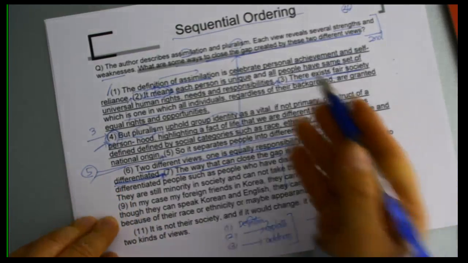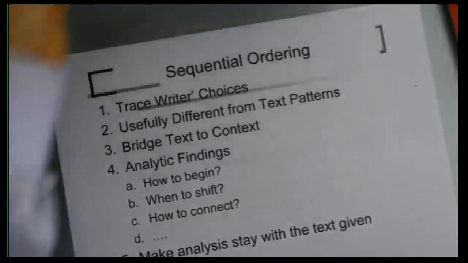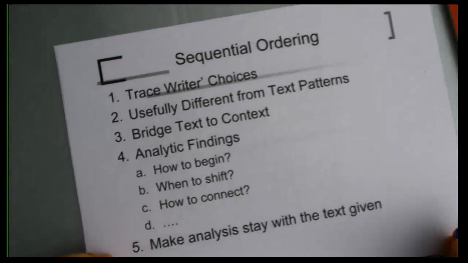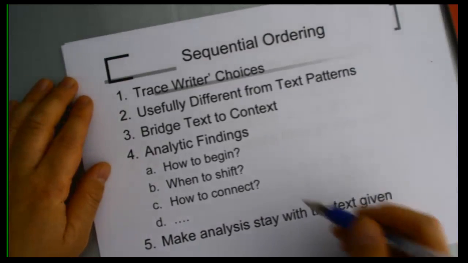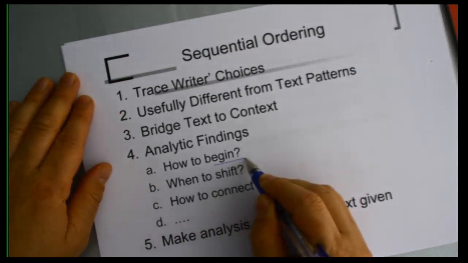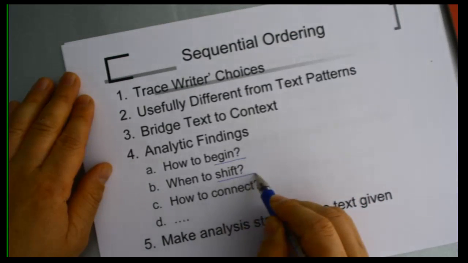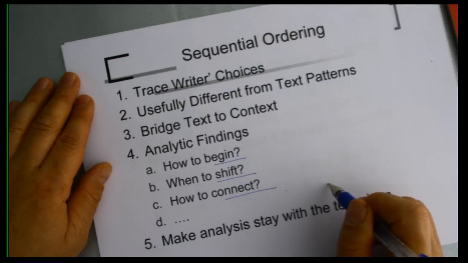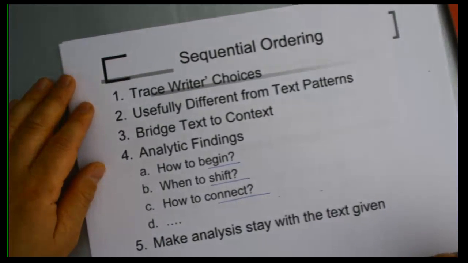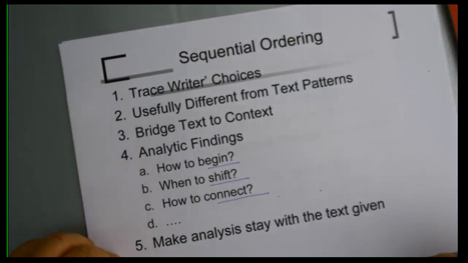So that's the point of this sequential ordering. So some ways for you to identify the writer's choice are where they begin, when they shift the topic, and how they connect each sentence. And by identifying them, you will have a good understanding of the strategies the writers use.